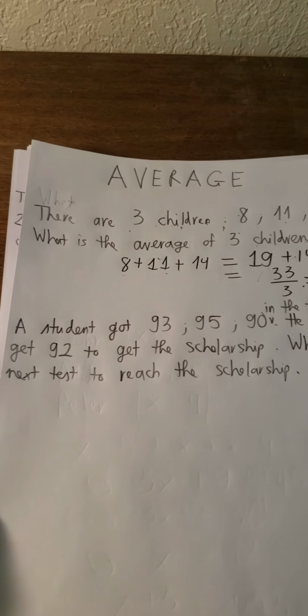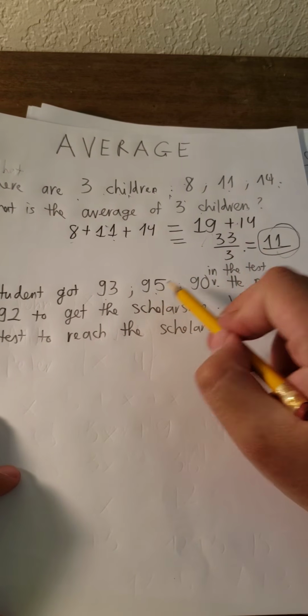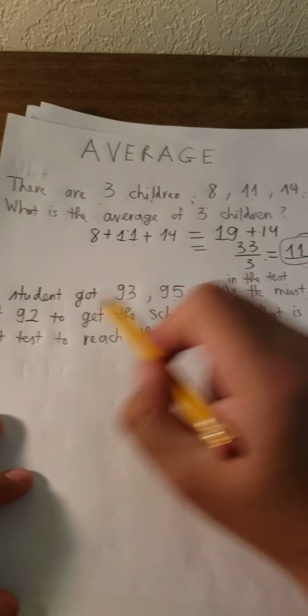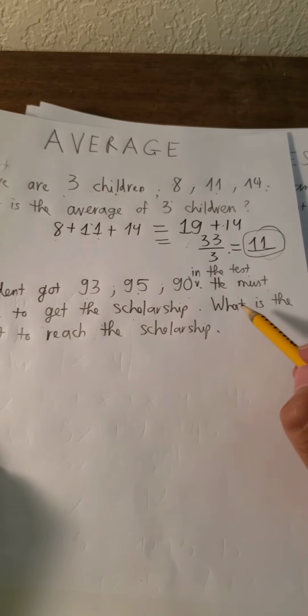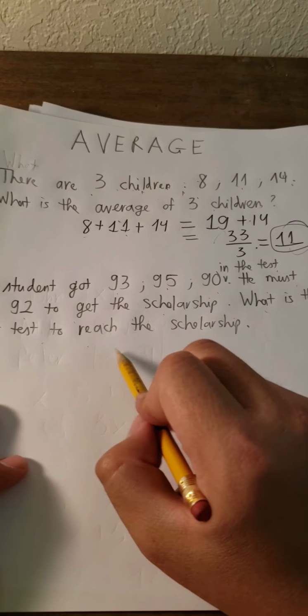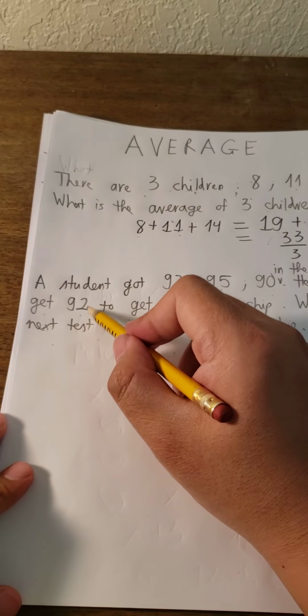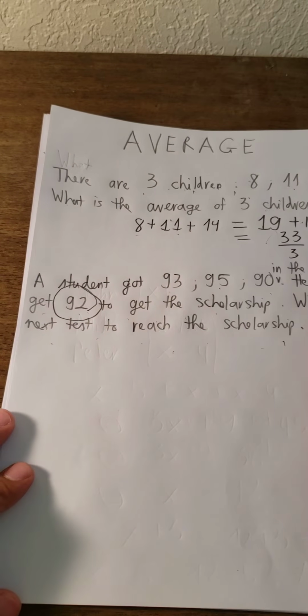So the next one, a student got 93, 95, and 90 in the tests. He must get an average of 92 to get the scholarship. What is the next step to reach the scholarship? It means 92 is the minimum average to get the scholarship.